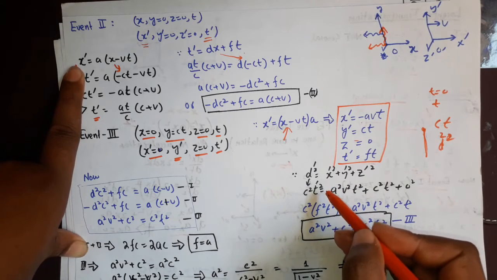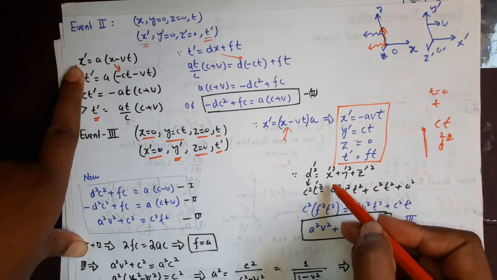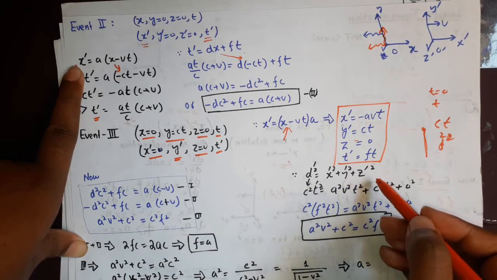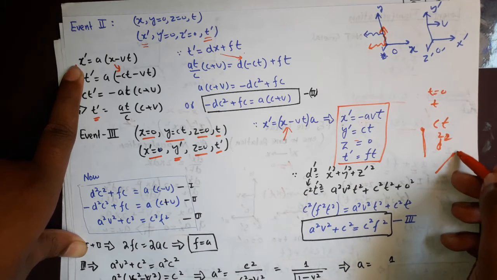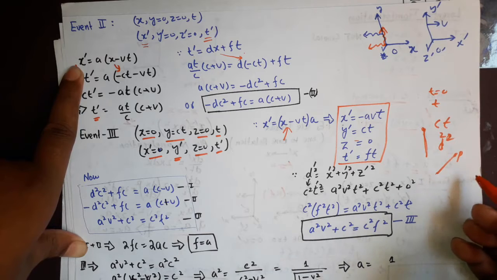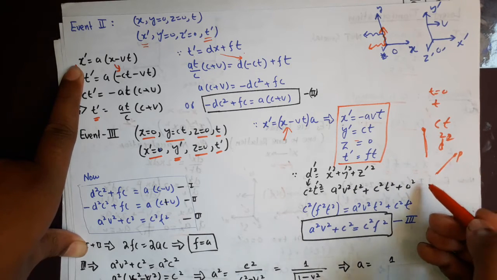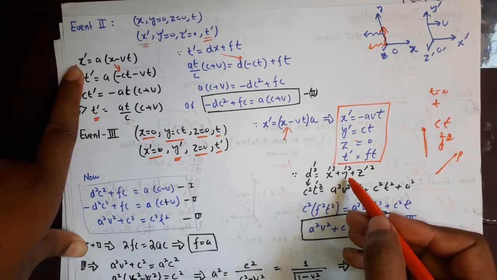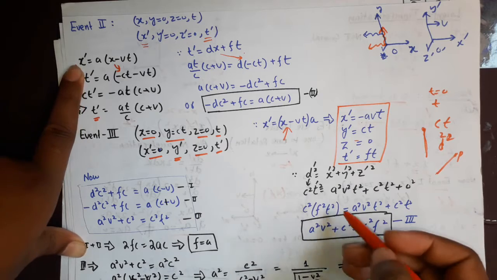And you know from your algebra that if you have a point in space P(x, y, z), the distance from the origin is given by the square root of x squared plus y squared plus z squared, and therefore the distance squared will be equal to x prime squared plus y prime squared plus z prime squared in the x prime frame.